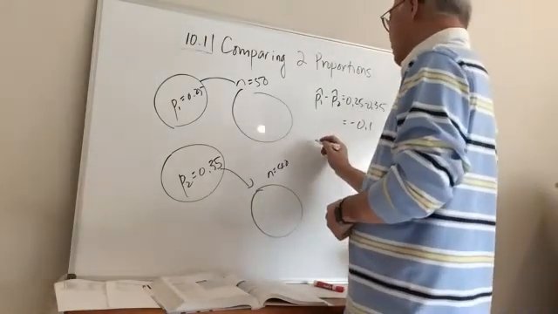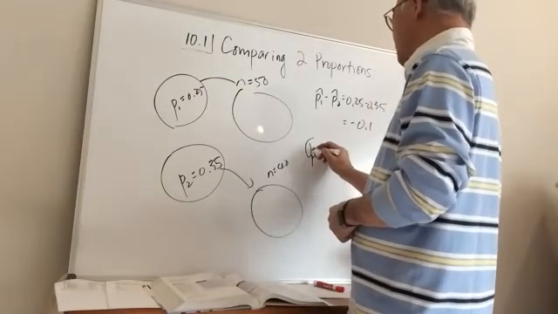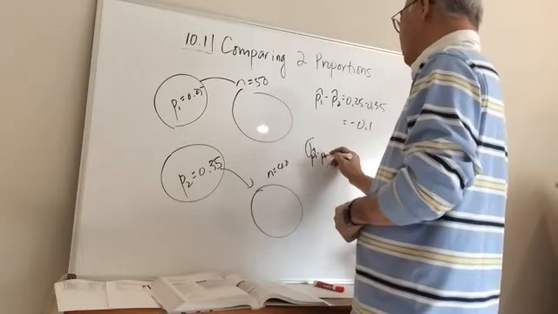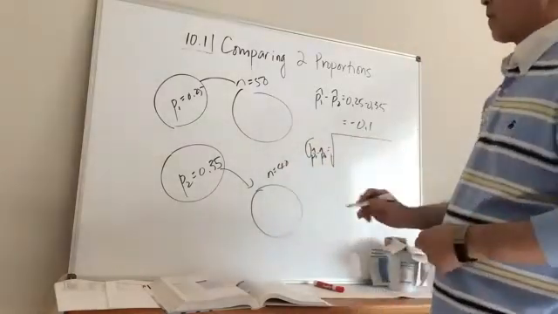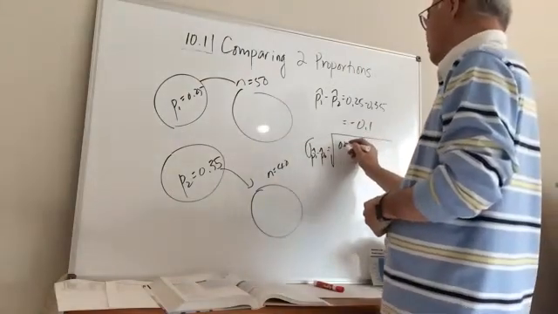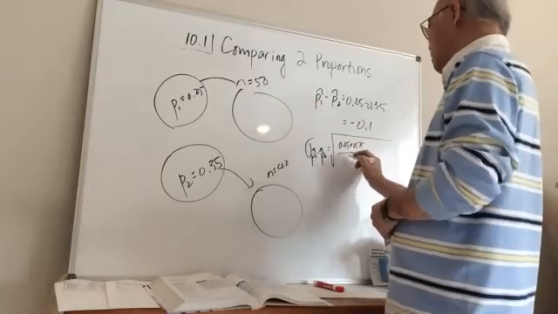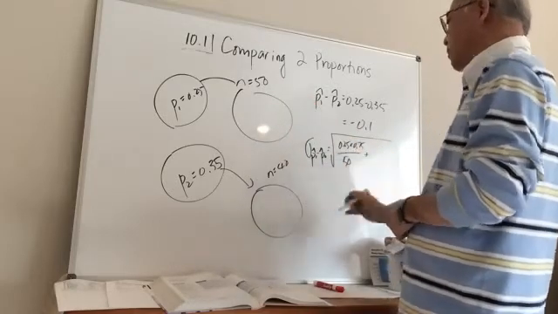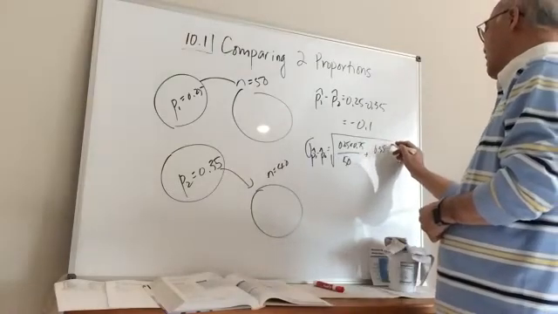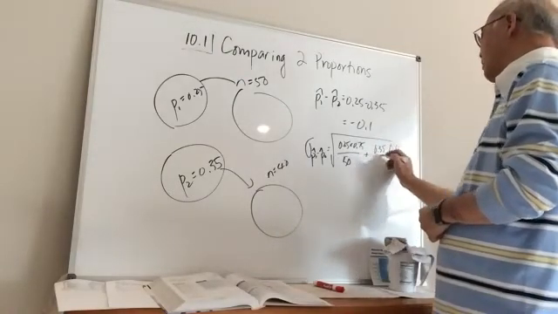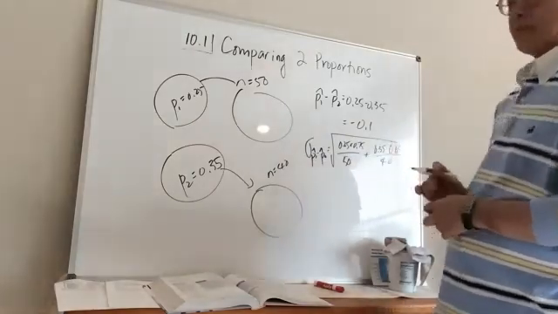The standard deviation of P1 hat minus P2 hat is going to be equal to the square root of 0.25 times 0.75 over n, which is 50, plus 0.35 times 0.65 over 40, right?